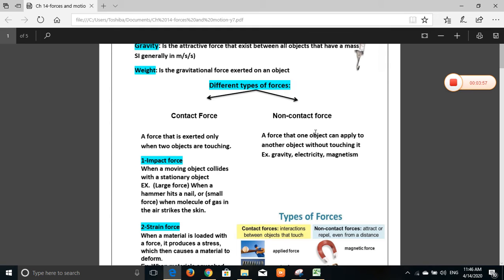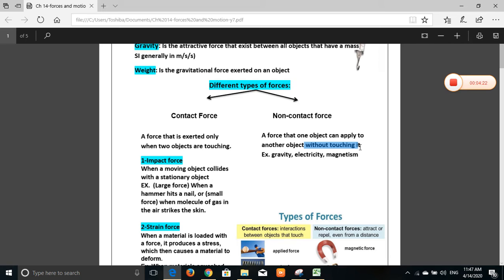But non-contact force is a force that one object can apply to another without touching. Contact force is a force exerted only when two objects are touching. A non-contact force is a force that one object can apply to another object without touching it.